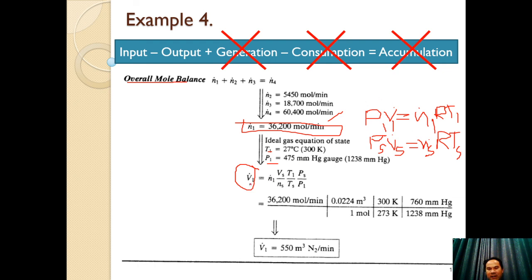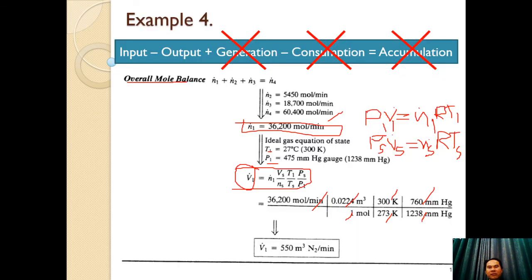And then you solve for V1 and get V1 equals N1 times Vs divided by Ns, times T1 divided by Ts, times Ps divided by P1. You substitute all of it, and you can calculate V1. N1 you solved already, right? Standard volume, standard mole, standard temperature, standard pressure, and P1. And then you solve for V1.